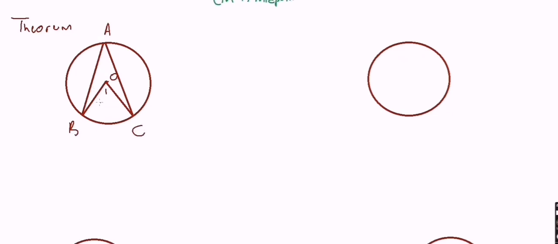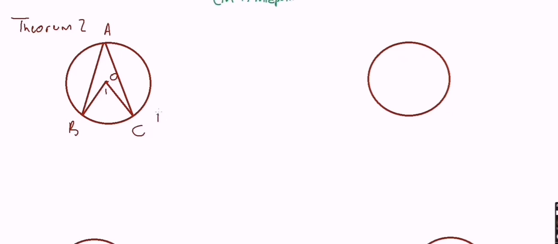This one is a theorem that you must know how to prove, but we will see that when we do exercises. For now, I'm not going to prove them, I'm just summarizing the theorems. So this is theorem 2. What this theorem entails, it says, because this is the angle at center, O is already the center, we know.